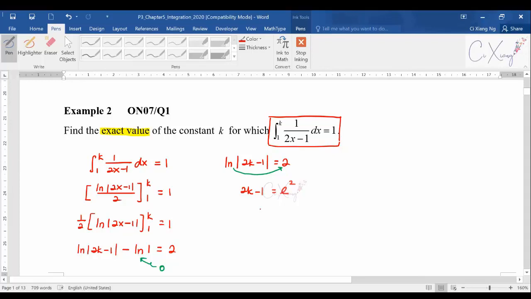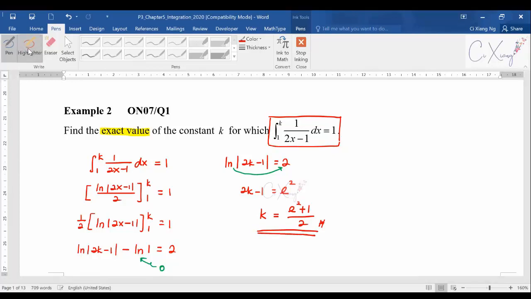After that, you try to get the value of k. So k equals to e squared plus 1, divided by 2. So this is your answer.